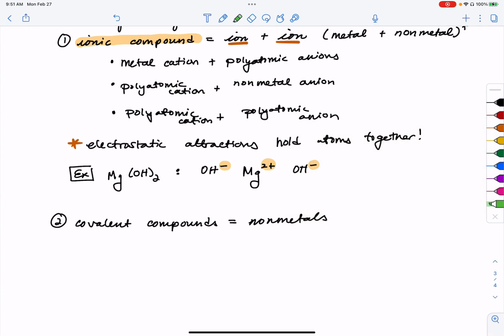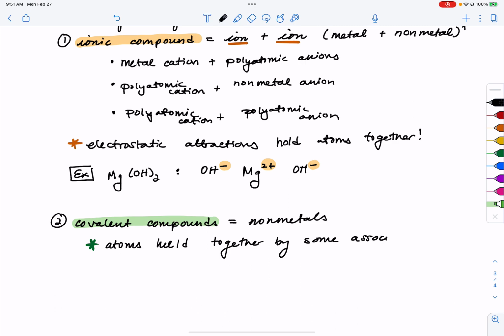Well, let's break down this word. Covalent. Co, together, valence, that's talking about valence electrons. So in a covalent compound, our atoms are held together by some association of valence electrons.